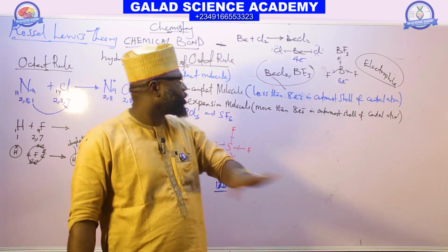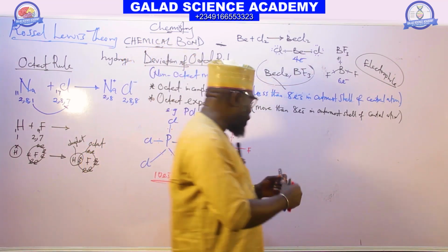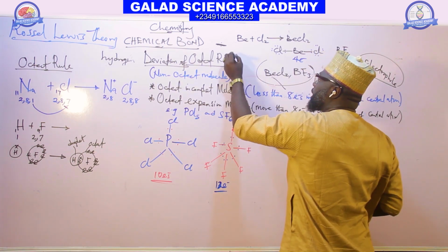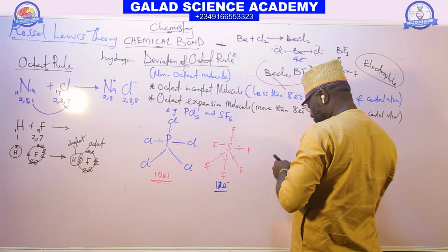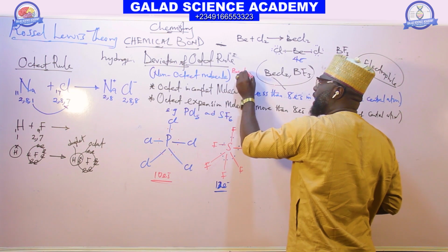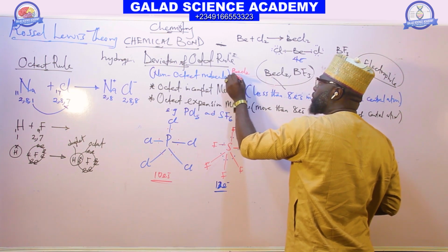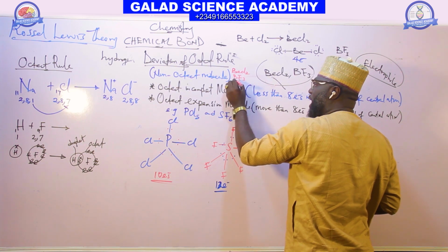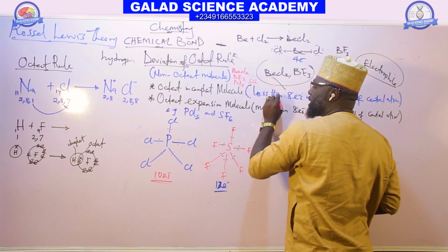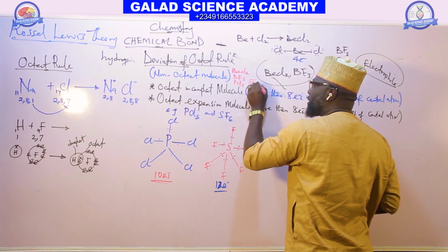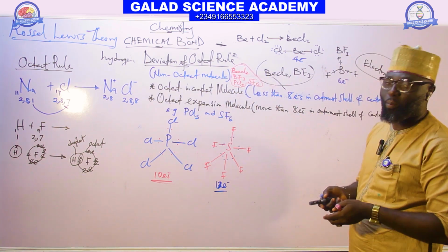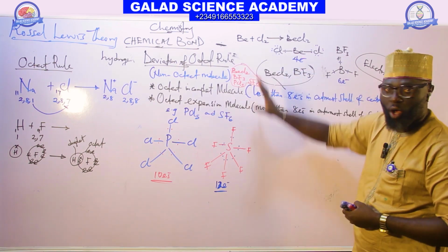So in summary, any molecule that has more than 8 electrons in its central atom is called a non-octet molecule. There are 4 common examples of non-octet molecules: BeCl2, BF3, PCl5, and SF6. These 4 molecules are the common non-octet molecules.